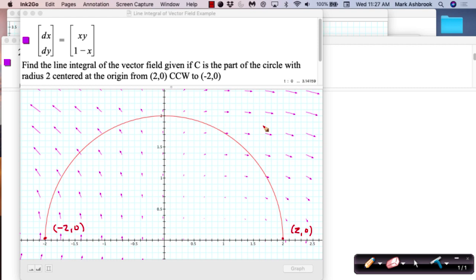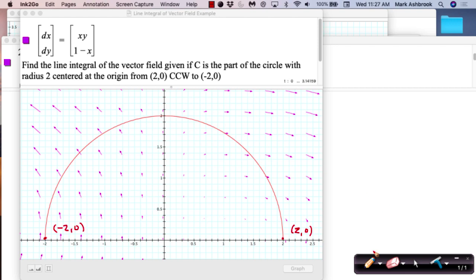So this whole thing is kind of like weak negative. And then what about through here? Zero-ish, yeah, zero-ish through here. Then what about the end? Stronger negative, right? So we expect the line integral to be negative, yep. So negative on the way, some 0 in the middle, more negative at the end. Okay, so we're expecting a negative result.